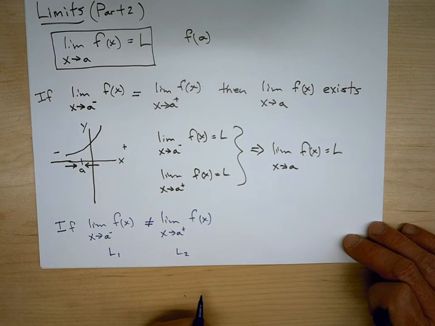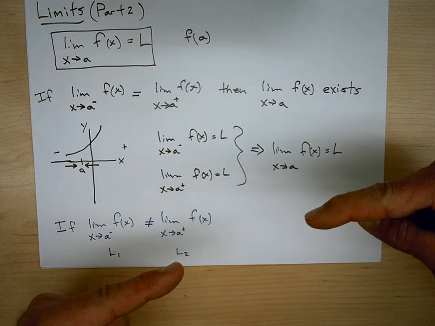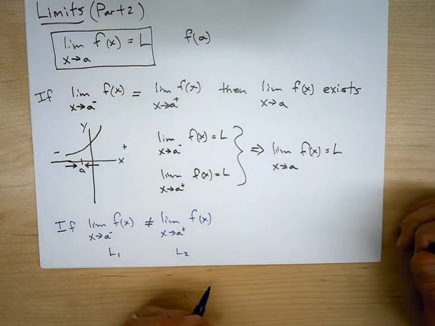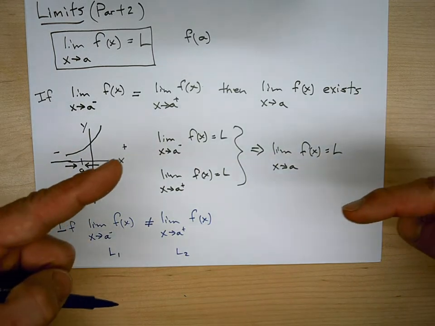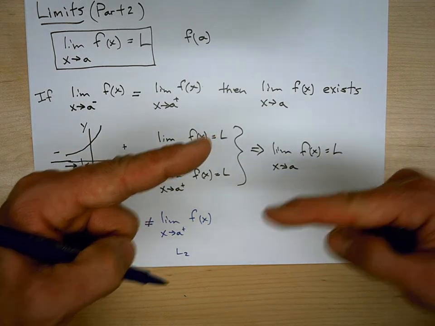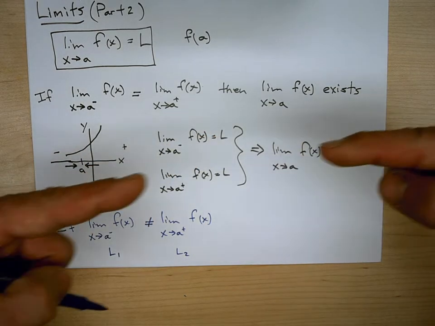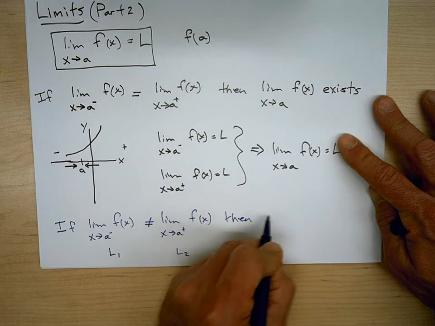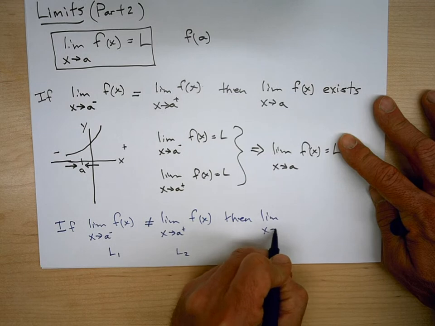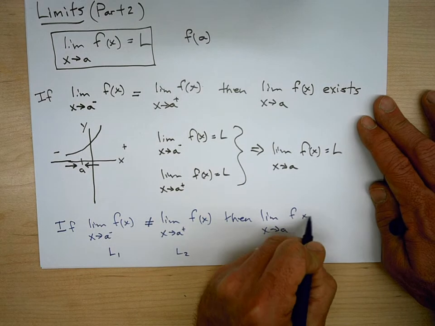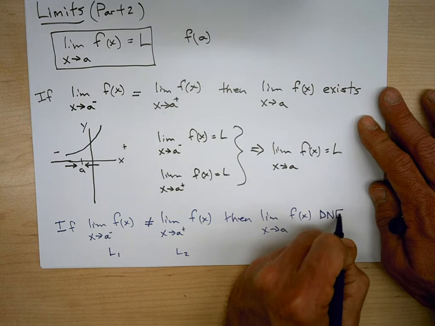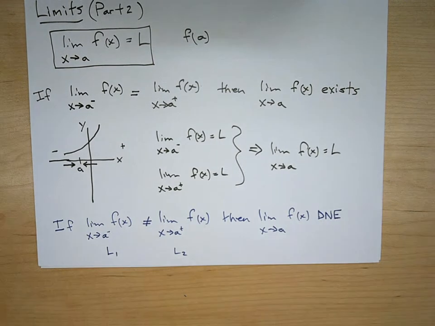I'll draw a picture of what this might look like, but the point is they're not converging at the same point. They're kind of missing somehow. And so if they're going to different points from the left and the right, then we don't have a limit because they need to converge to the same point. So if this happens, then the limit as x approaches a of f of x, I'm just going to use my shorthand, does not exist.